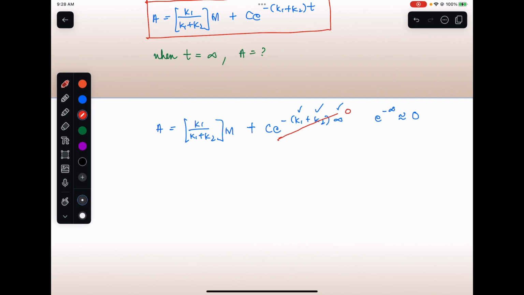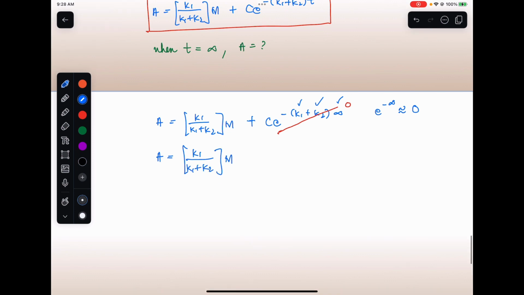So thus, it only gives us A equal to K1 over K1 plus K2 times M.